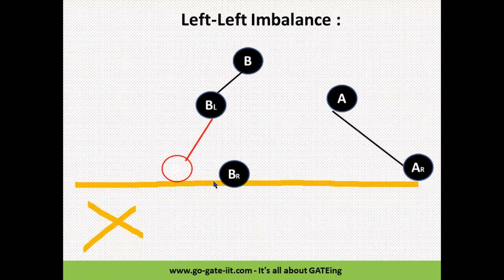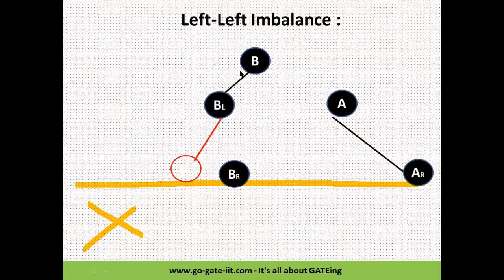B has rotated to the right hand side, and it has disconnected one of its children which was on the right hand side, and it will go and join on the A. And this is the balanced tree. You can notice here that this B node has height 1 and 2, and here also 2. So 2 minus 2 becomes 0, and all other nodes are also balanced. So that's how for the left imbalance case we have right rotation.